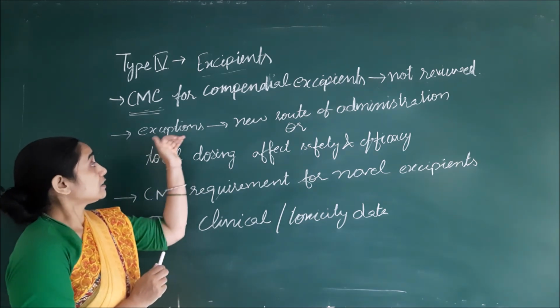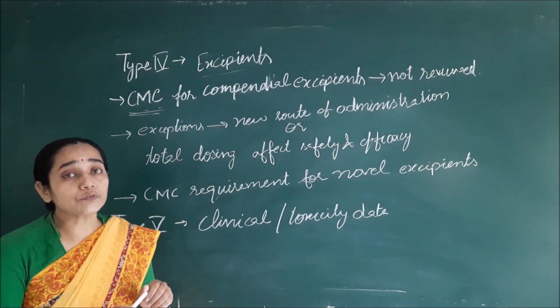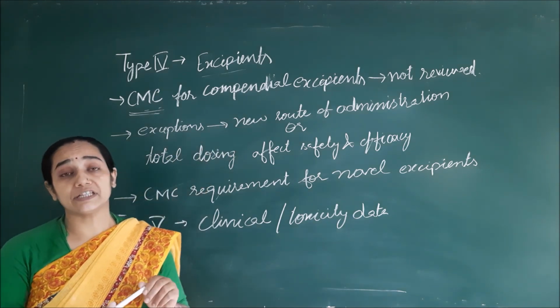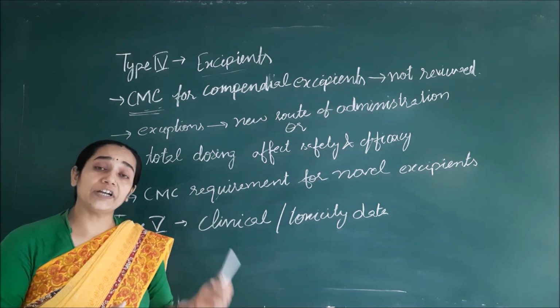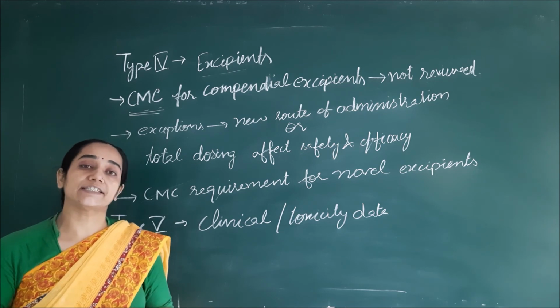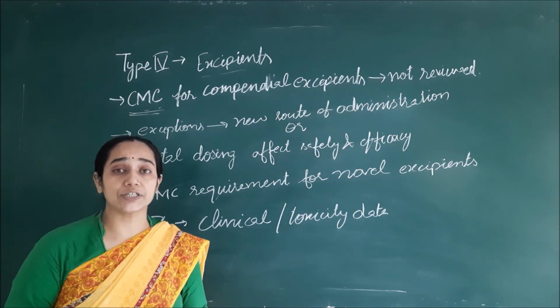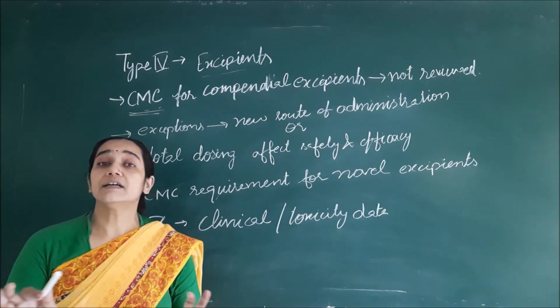However, there are exceptions. For example, when the route of administration has been changed, meaning earlier that component was given by the oral route, then it was safe. If I take the example of spray-dried lactose, if it is given in oral formulations, then it exhibits a safety index.